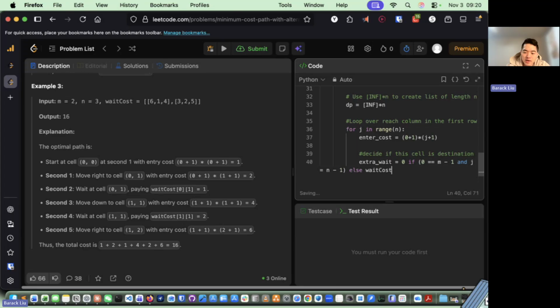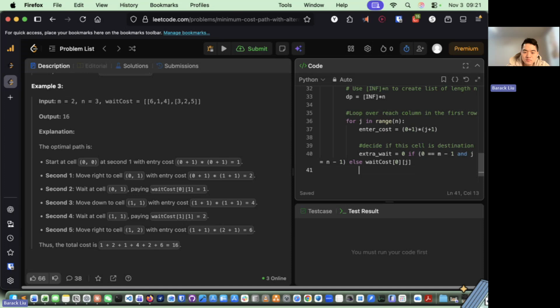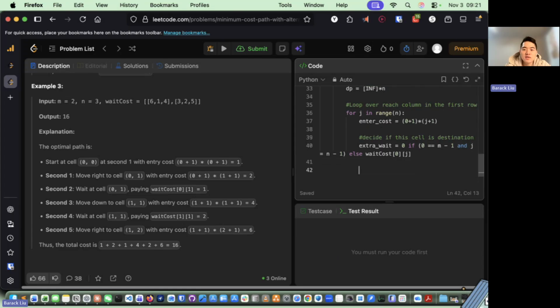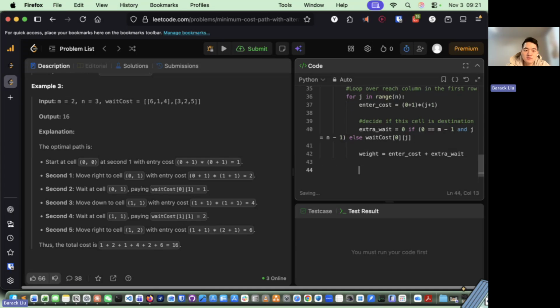But if not, then we add wait cost. Make sense? Then the weight will be enter cost plus extra wait, right? Straightforward.